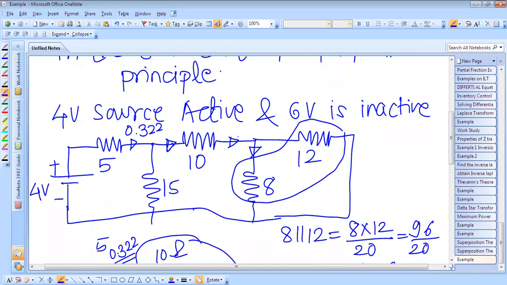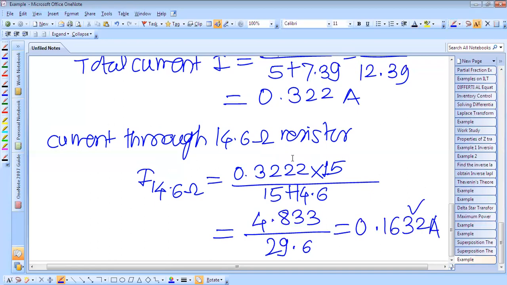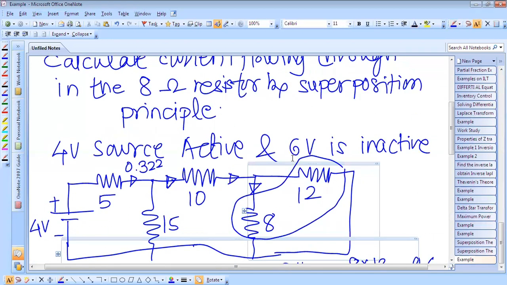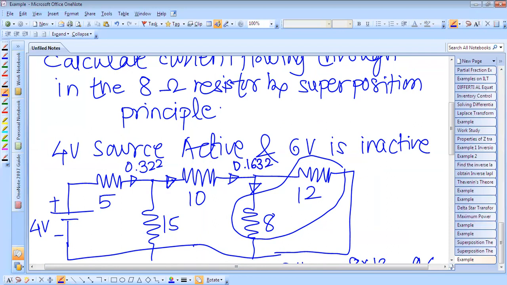Now we have got this current is 0.1632. 0.1632 is the current flowing through at this point. Now again we have to find the current flowing through this 8 ohm resistance.